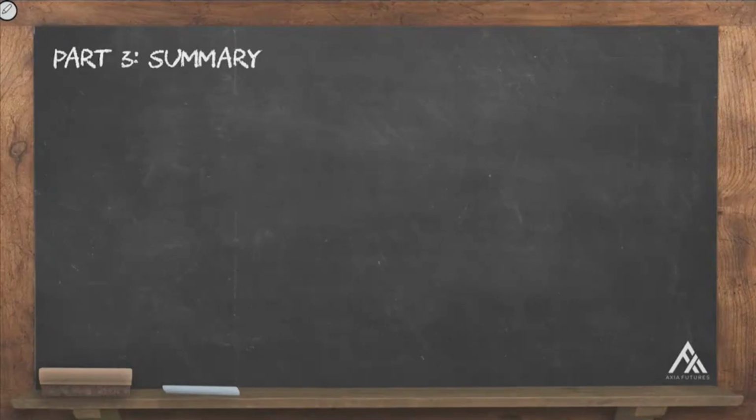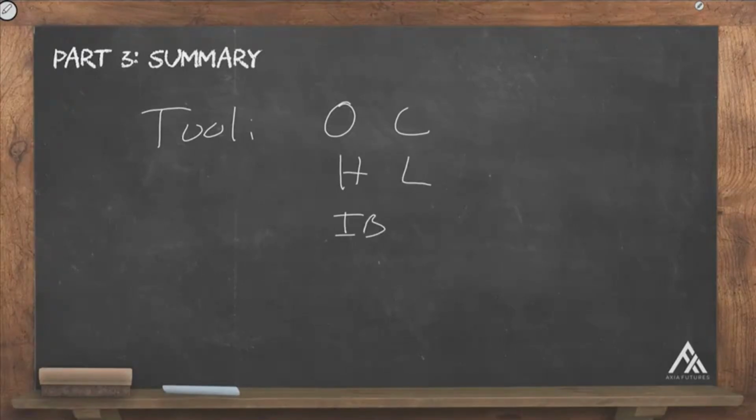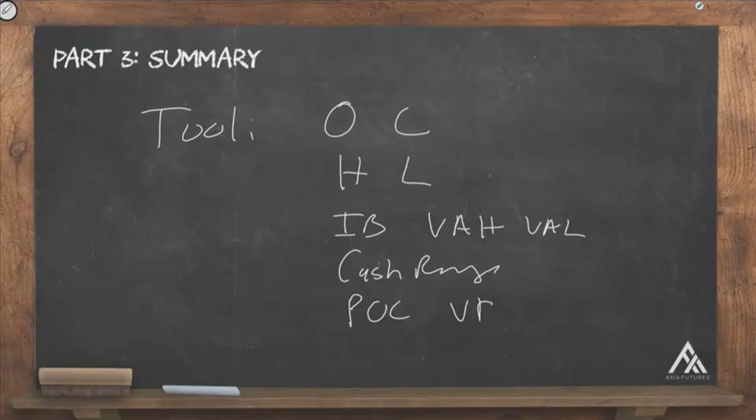So where we started off, we spoke about the volume profiling elements, what makes up a volume profile. So the tool, and we said it consists of the open, the close, the high and the low, the initial balance, the value area high and value area low, and then we spoke about the cash range, and we spoke about the point of control, the volume point of control.